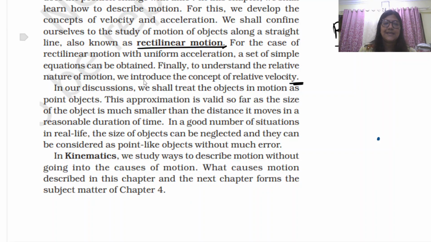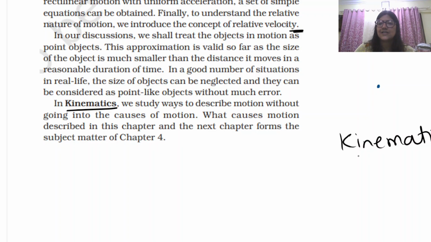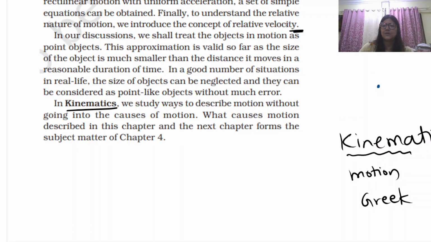Okay. In kinematics, now what is kinematics? Before I move forward, this word has to do with a part of the word which means motion in Greek. Greek is a different language, and we don't have to worry too much about it. Basically, kinematics is the study of motion. And this whole chapter is about the study of motion in a straight line.